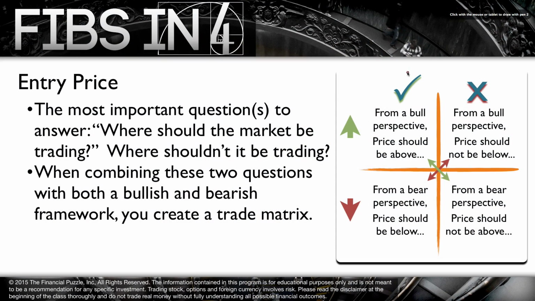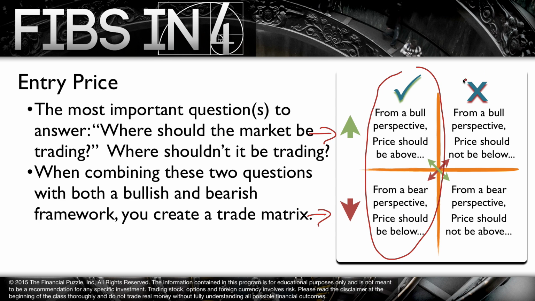In a bearish market, where should the market be trading? In a bullish market, where should it not be trading? And in a bearish market, where should it not be trading? And here it is on your screen. You can see we've got on the left-hand side where the market should be trading from the bullish and the bearish perspective. And then, of course, on the right-hand side, you've got where the market should not be trading, again, from the bullish and the bearish perspective.